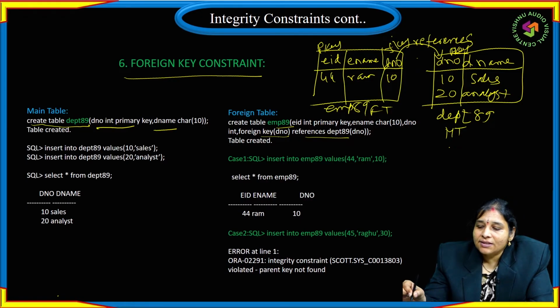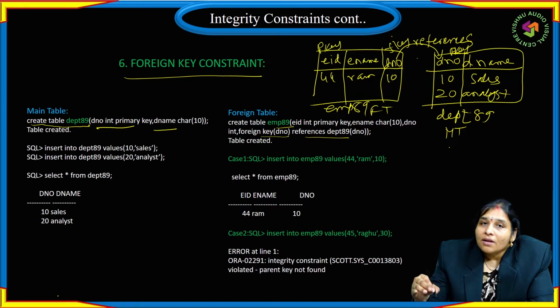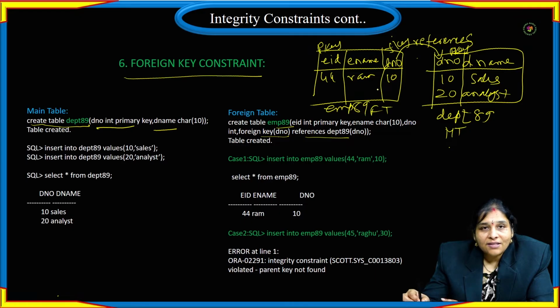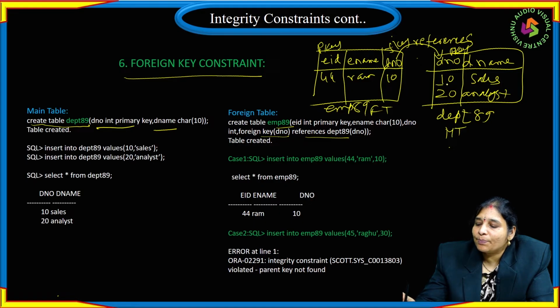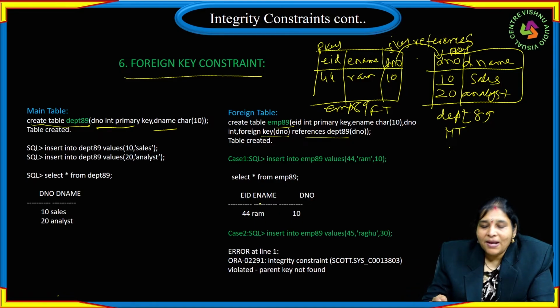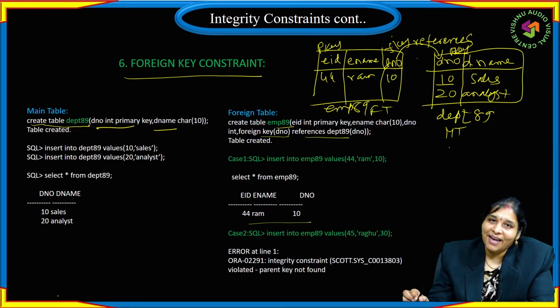Now, I am enforcing this, that means I am checking whether foreign key violations happen or not. What are the foreign key violations? As I told you, this particular key field has to be present in the main table. So, when I try to insert 44 RAM 10, Department 10 is present in the main table. When I want to see whether my values have been inserted into Employee 89, I give the statement select star from Employee 89, and I see that 44 RAM 10 has been inserted into my table.